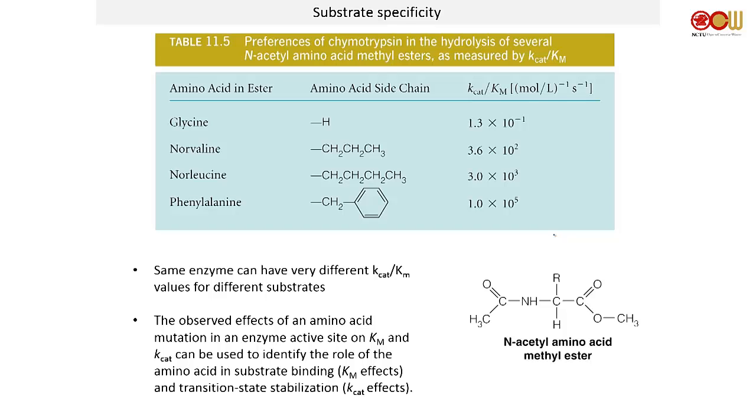So what you can see is that for phenylalanine, Kcat over Km is 10 to the 5 because it's really bulky. Norleucine or norvaline, those two are valine and leucine derivatives. You can see still pretty good, 10 to the third power, 10 to the second power. Okay? Glycine, okay, glycine, it sucks, it's 0.1. Okay? So obviously Kcat over Km will also tell you a little bit about substrate specificity.